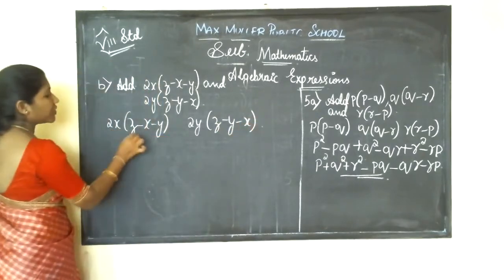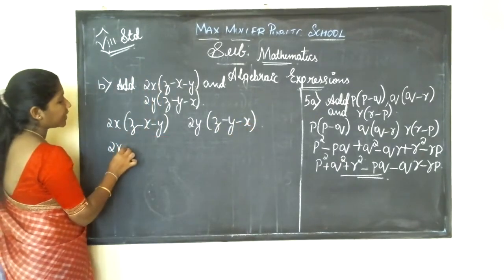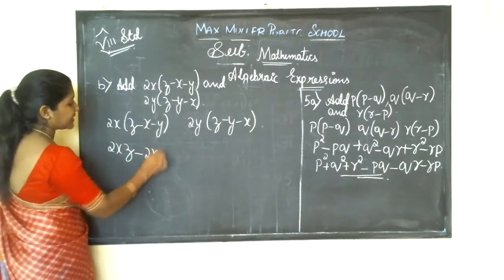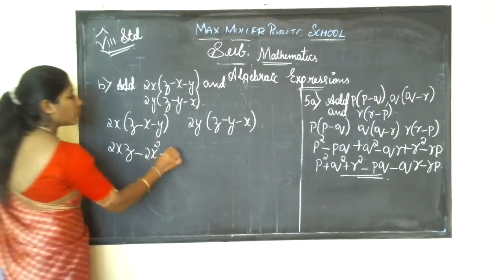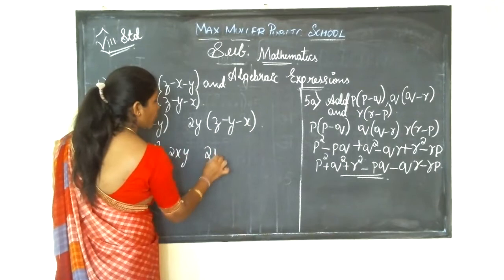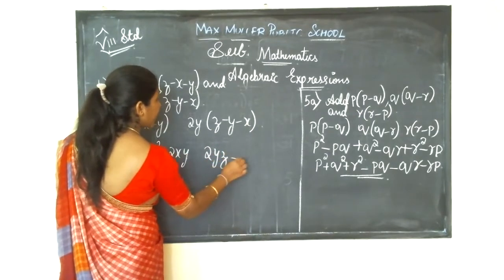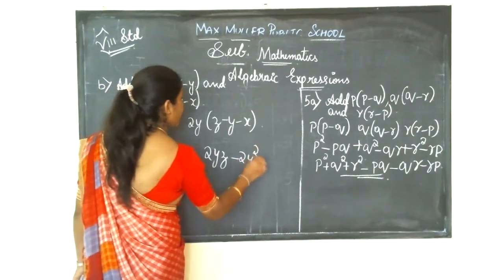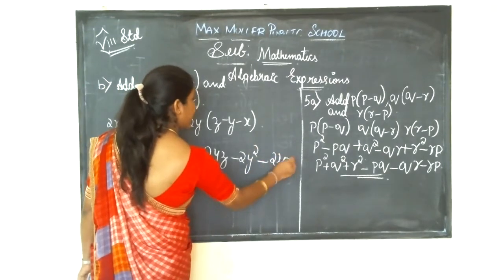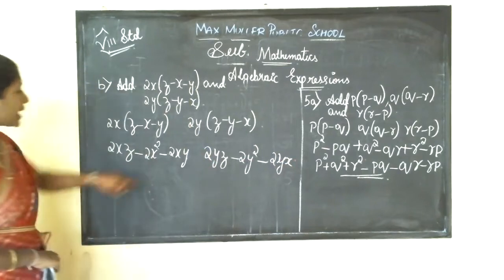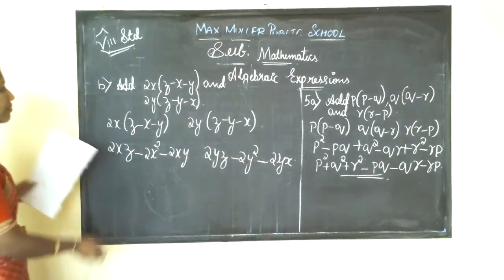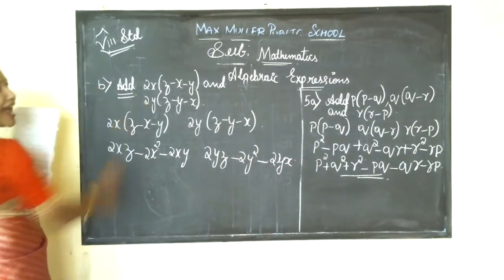What you have to do here, you have to multiply each term with 2x. So it is 2xz minus 2x square minus 2xy. Okay, and here it is 2yz minus 2y square minus 2yx. Okay, 2xy and 2yx is one and the same, but here they have given add.